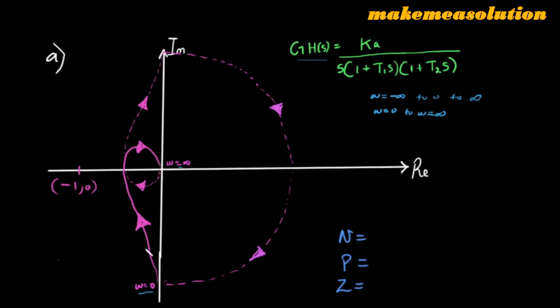After drawing the graph of W equal to 0 to W equal to infinity, we'll now use the mirror image of it to replicate W equal to -infinity to W equal to 0. So W equal to -infinity to omega equal to 0 is this one with dotted lines.